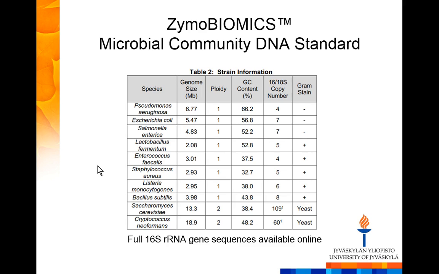Different copy numbers of course, and also somewhat different versions of 16S, very different genome sizes. But yeah, it's genomic DNA. And the nice thing is that the full 16S rRNA gene sequences are available online for the different copies. So these are fully sequenced strains, so you know what you should get, which is essential if you want to do error profiling.